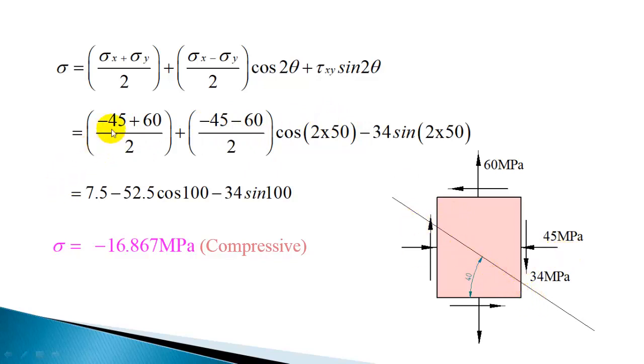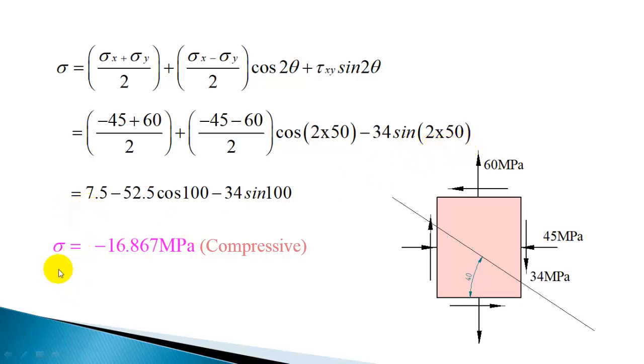So sigma x you have minus 45, sigma y plus 60, so minus 45 plus 60 by 2, and sigma x and sigma y will substitute, minus 45 minus 60 by 2, the cos theta is 50, so cos 2 into 50 minus tau xy is minus 34 sin 2 into 50.